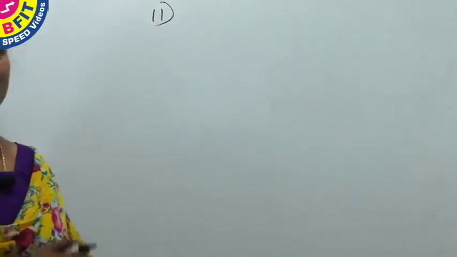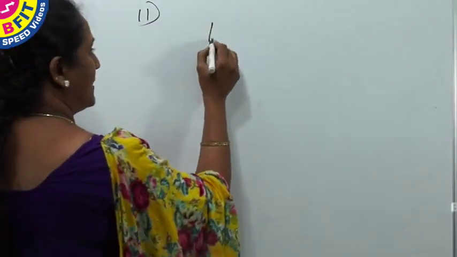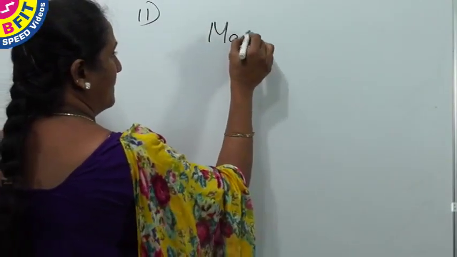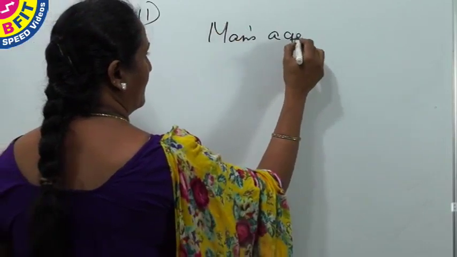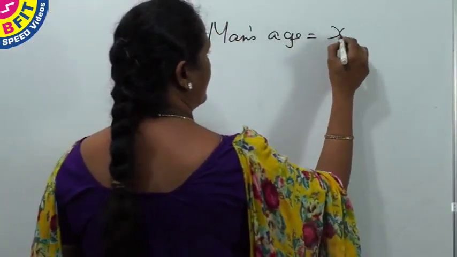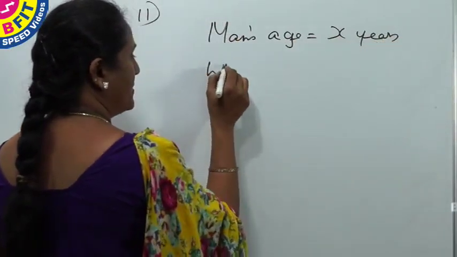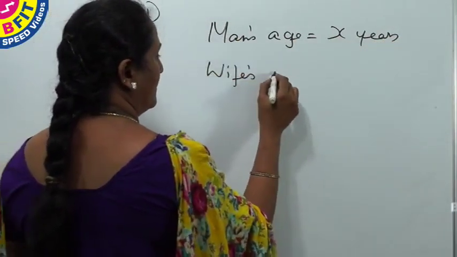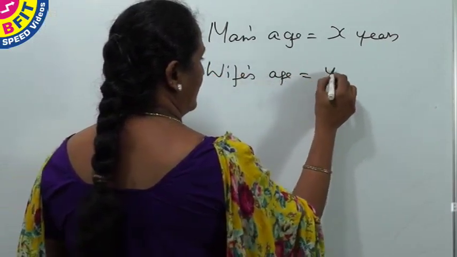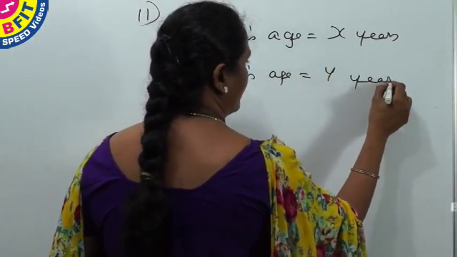So the person is 5 years older than his wife. We'll take the man's age equal to x years and his wife's age equal to y years.